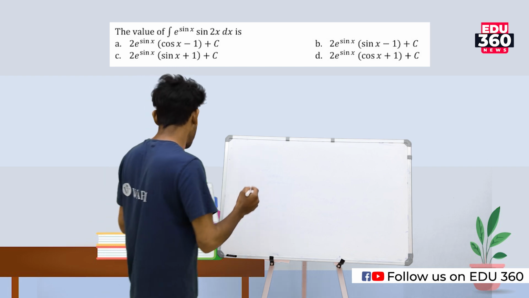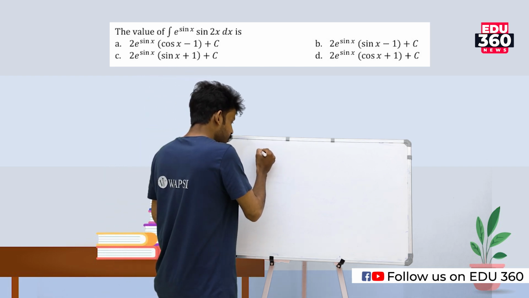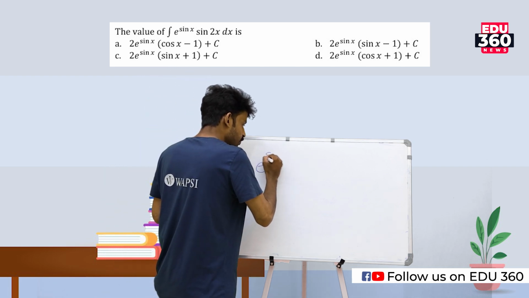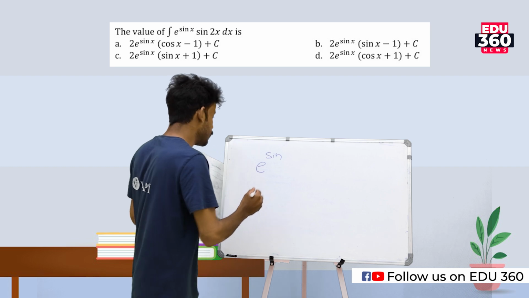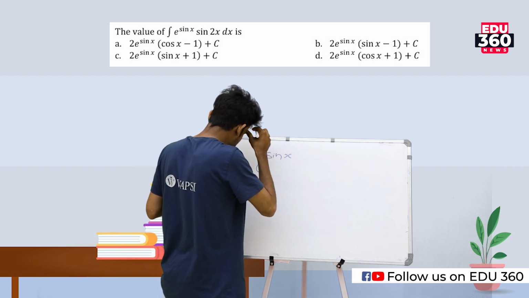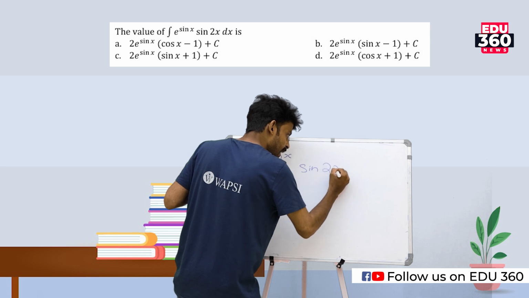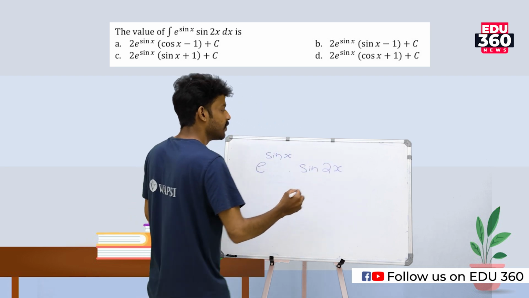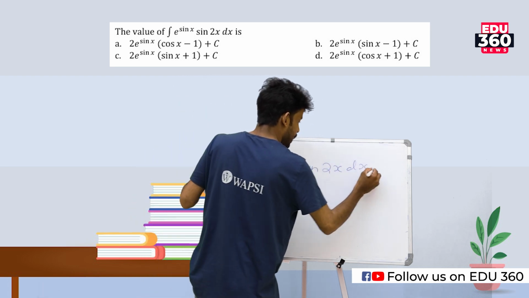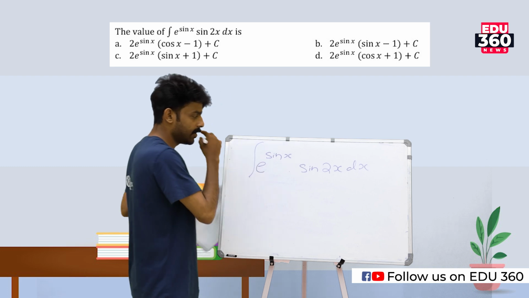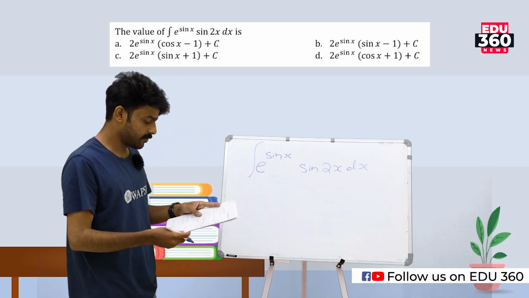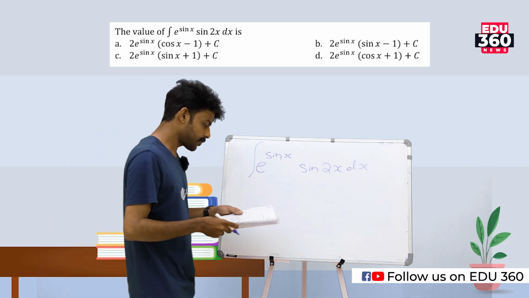Let me write the question once again. e raised to sine x into sine 2x dx. That means the integral, and we need to find the value of this.